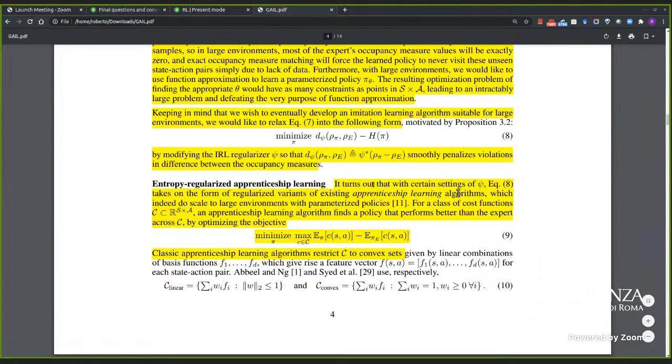So it turns out that with certain settings of psi, this equation takes on the form of regularized variants of existing apprenticeship learning algorithms, which indeed do scale to large environments with parameterized policies.